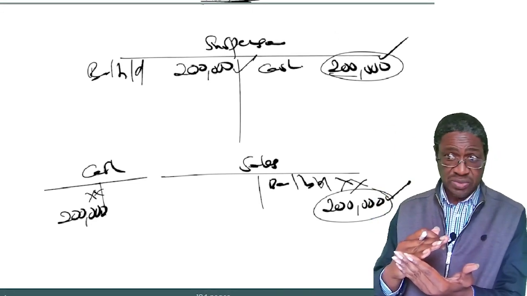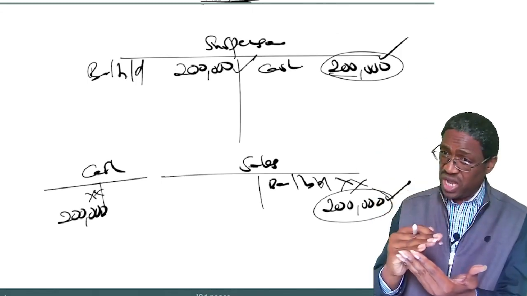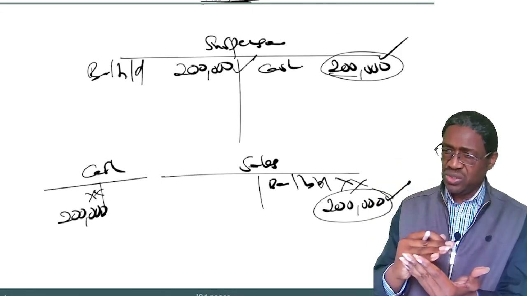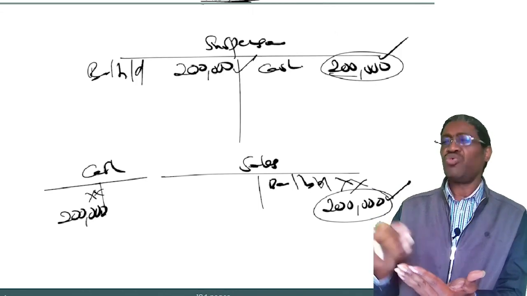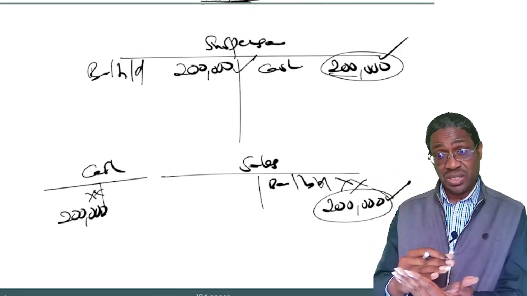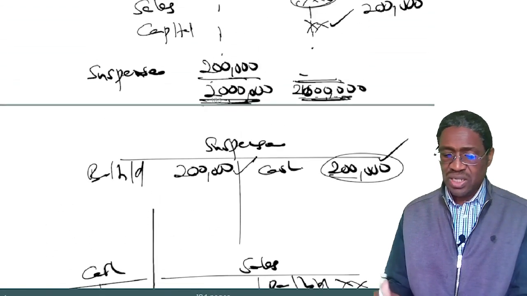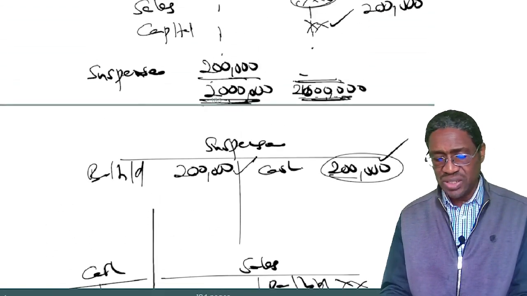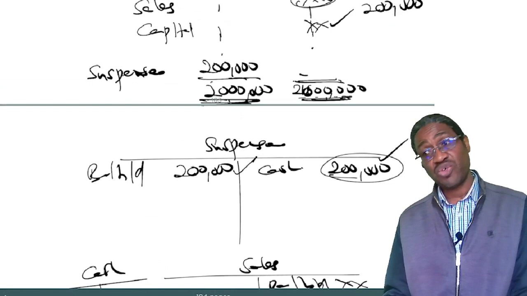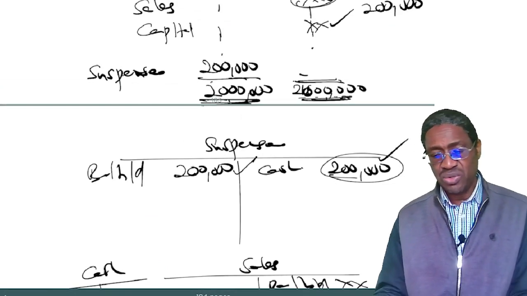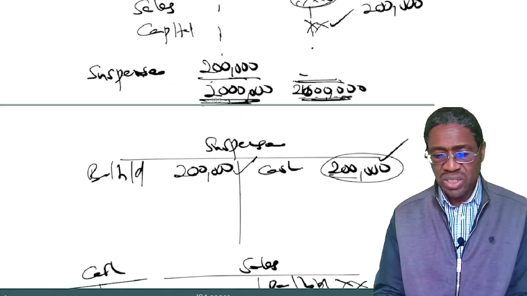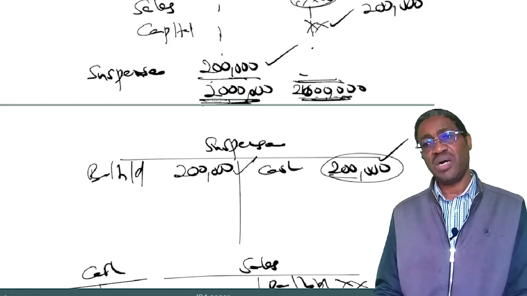We know the procedure. Then from balancing, you extract a trial balance. Then I realize my trial balance is not balancing. By how much? By 200. What did I do? I suspended the amount in the suspense account.